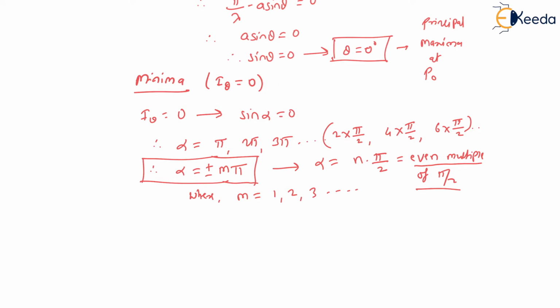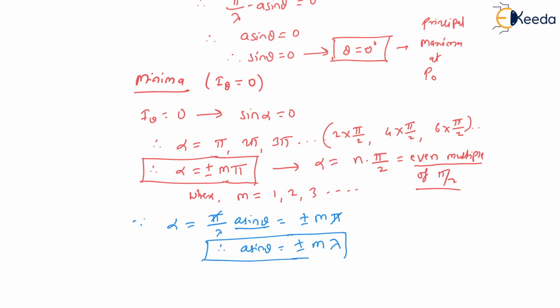Now we will find the path difference for minima. Since the value of alpha is pi by lambda into a sine theta, equal to plus minus m into pi. On both sides this pi will cancel, and a sine theta will be equal to plus minus m into lambda.